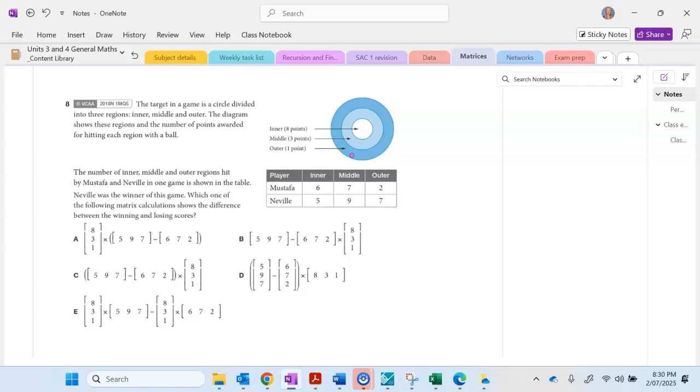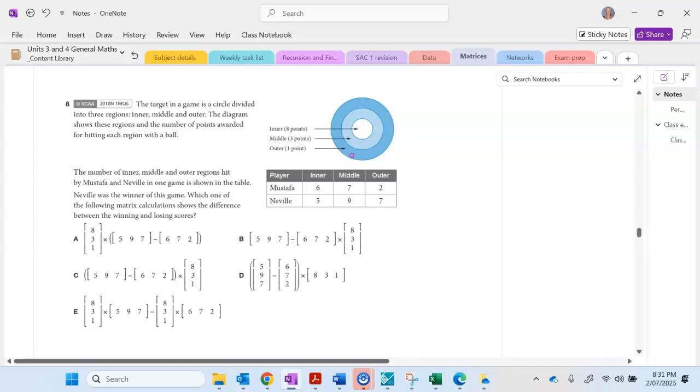So we do want 5, 9, 7, 6, 7, 2. We don't necessarily need to do that because we're not totaling anything, so we probably don't even need a matrix with that. All right, we're going to look at them separately.